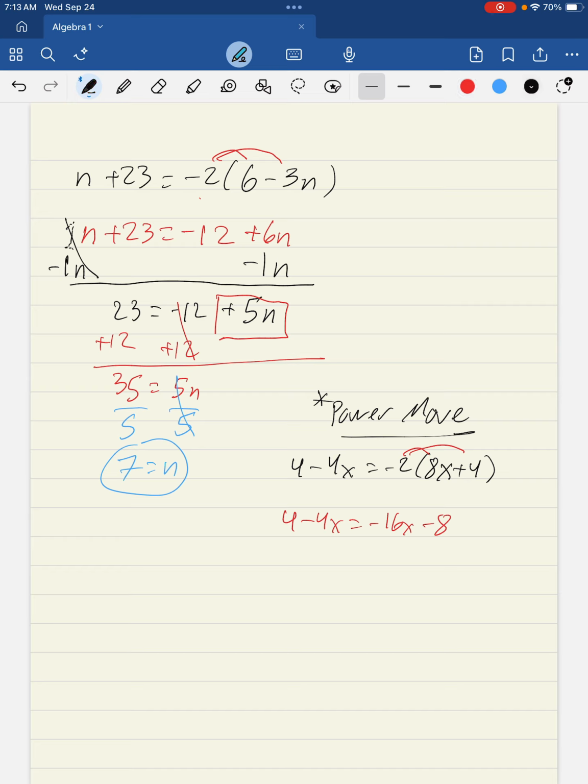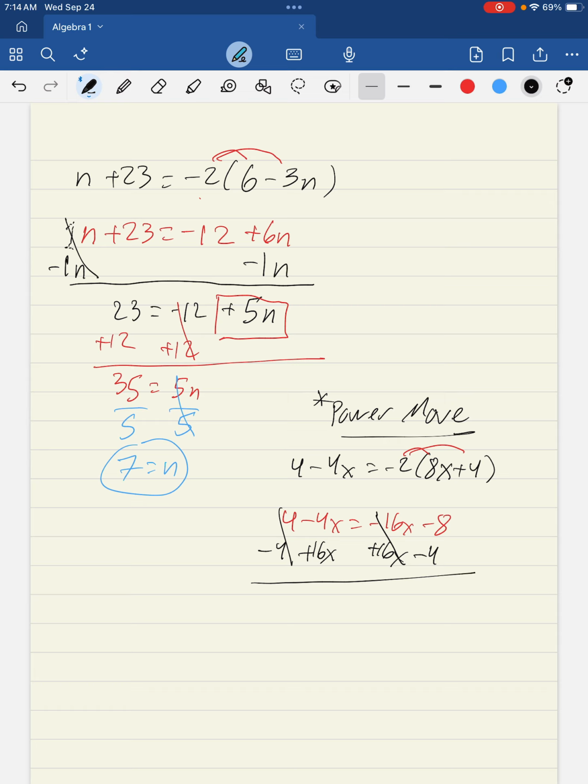Now normally we'd go plus 16x, plus 16x and kind of solve that part. The power move is you need to understand, oh, I'm canceling on this side, so I'm going to move this number to the other side using inverse operations. So we're going to do a minus 4 at the same time.